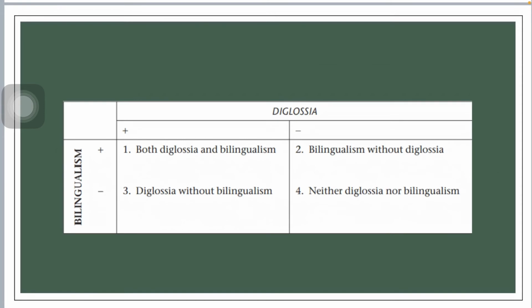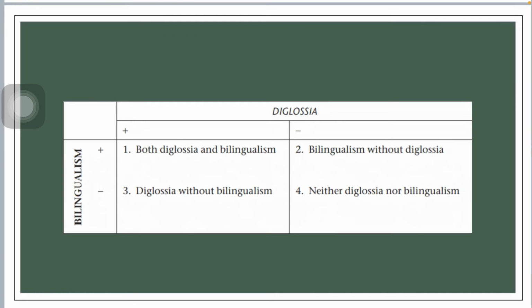If we restrict the terms diglossia and bilingualism to refer to different languages rather than dialects or styles, then box 1 refers to a situation where the society is diglossic. Two languages are required to cover the full range of domains, and most individuals are bilingual.